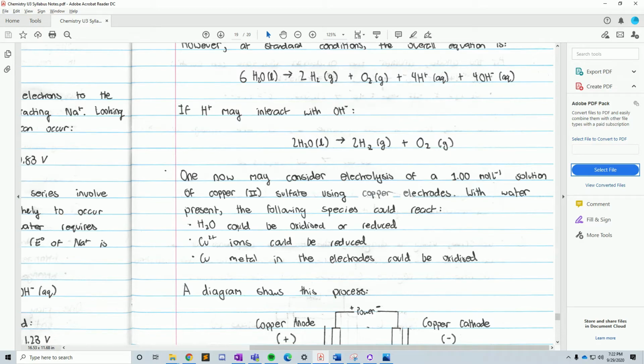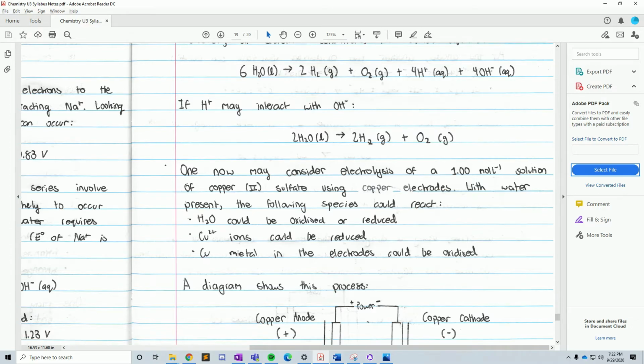We have H2O, which can be oxidized or reduced. We have Cu2+ ions in solution, which could be reduced, and we have the Cu metal in the electrodes, which could be oxidized. So we've listed out here that H2O is actually H3O+ and OH minus. Those are the two ions there.